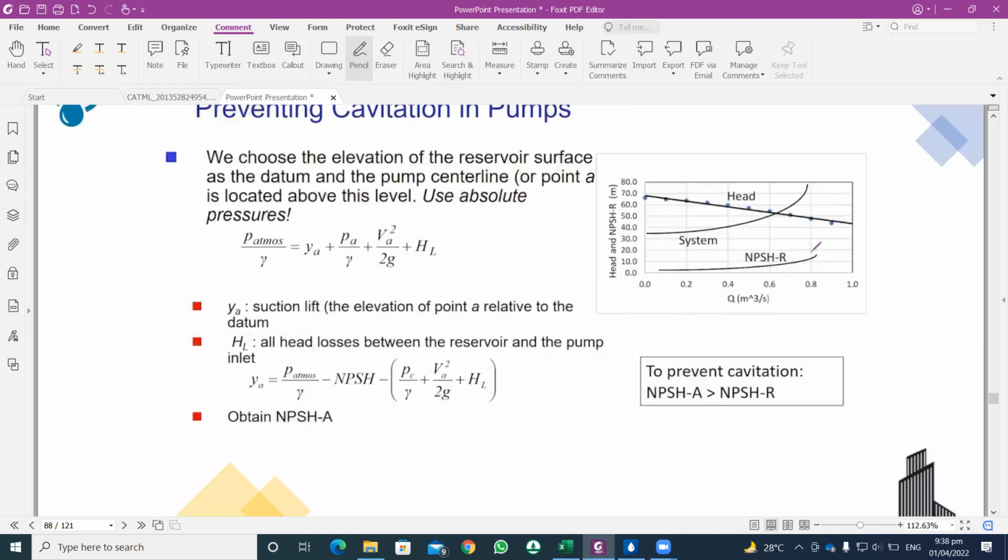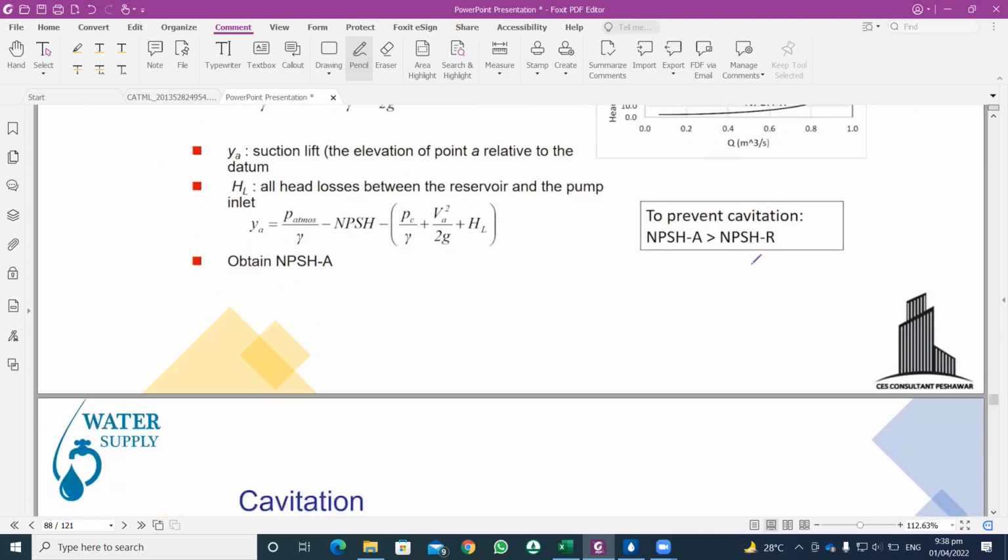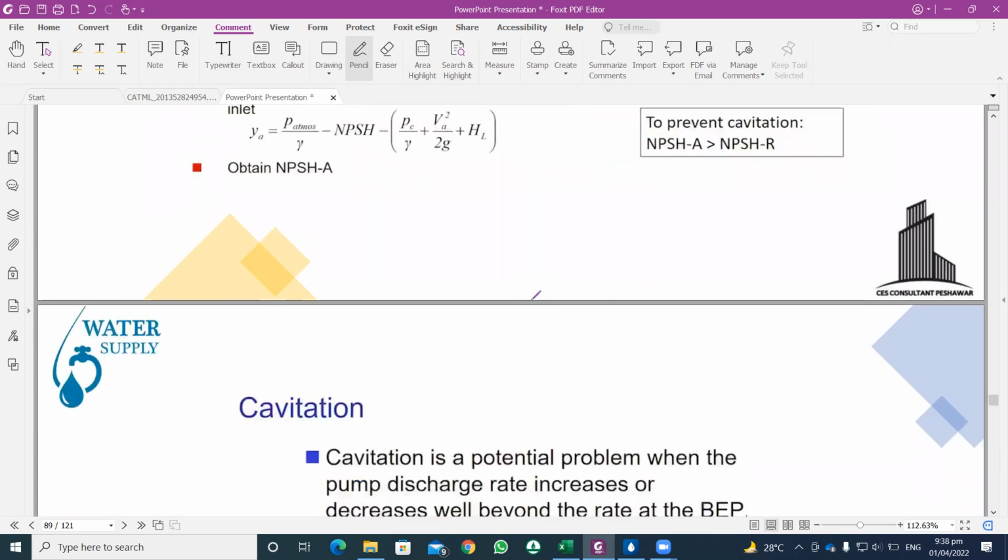So the net positive suction head is provided by the manufacturer to the designer, and based on that the centrifugal pumps are designed. To prevent cavitation, the net positive suction head available should be greater than the net positive suction head required provided by the manufacturer.